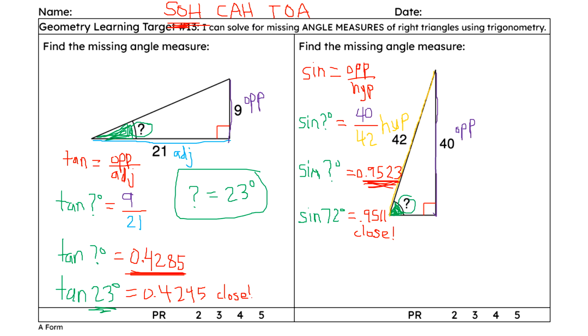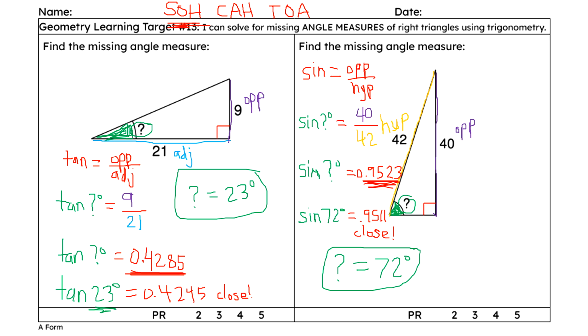Now, really, it's going to be like 72.4 degrees or something like that, but we're just going to go to the nearest whole degree to make things a lot easier. So therefore, my missing angle measure must be about 72 degrees to the nearest whole degree. And yeah, I think that makes sense, right? 72 degrees, that's quite a wide angle, so that would make sense. This is going to be a lot smaller than that.